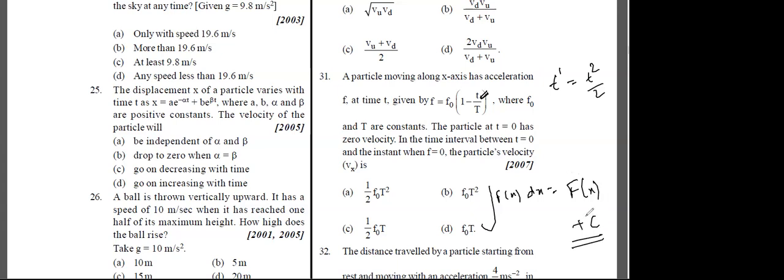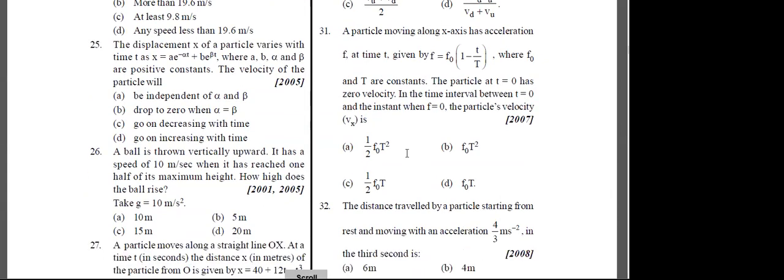And how to find the c? By putting the limiting conditions. So everyone should try 31. Write it down. Very basic problem, but you just have to solve it. Integration, that's it. There's no physics involved over here, only integration.